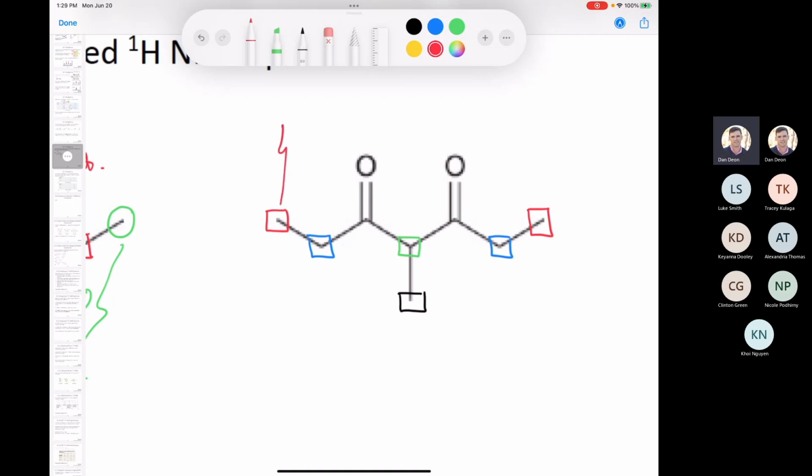here, could anybody tell me how these would be split? Would I get a singlet, doublet, triplet, quartet, pentet? Anybody? For the ones in the red box, they're coupled next to the 2 protons in the blue box only. You think about 2 plus 1. What should we see?